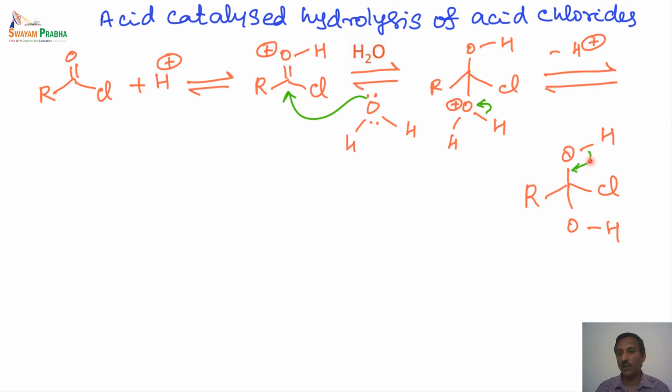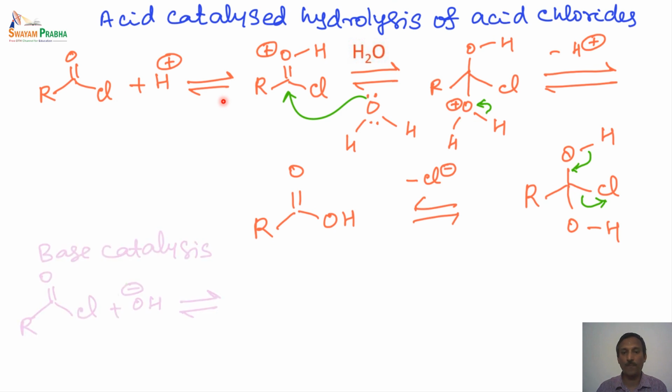The oxygen-hydrogen bond is broken and this chlorine is lost, as we had seen in the previous case also. So this leads to the corresponding carboxylic acid.